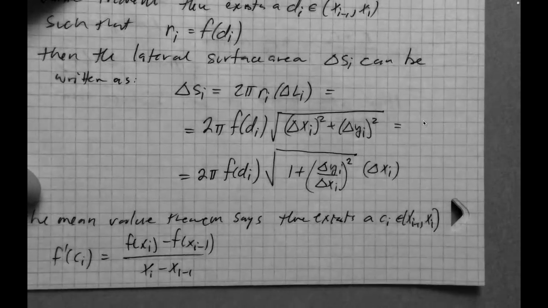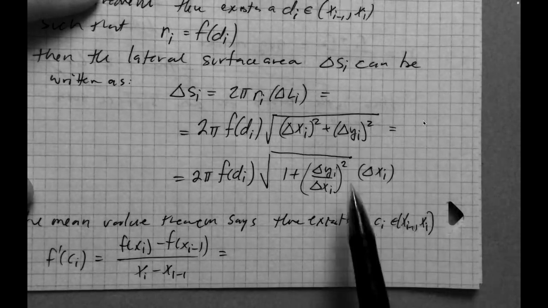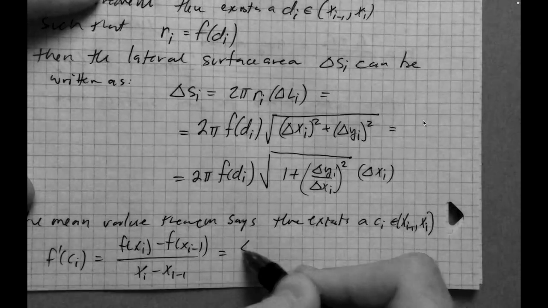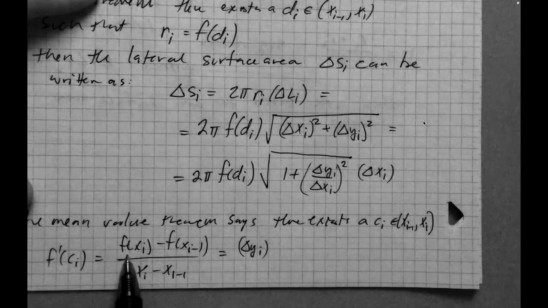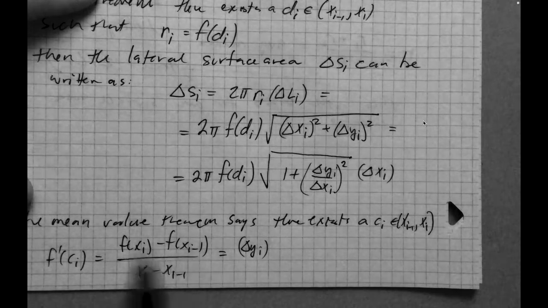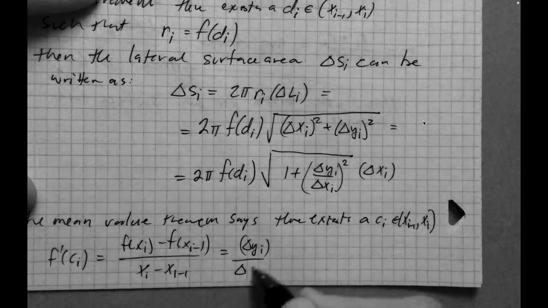And so this is going to be equal to delta yi, that's just what this is, yi minus 1 basically, and then of course delta xi on the bottom.